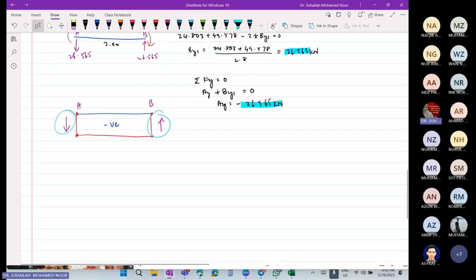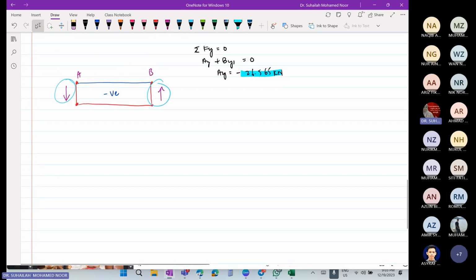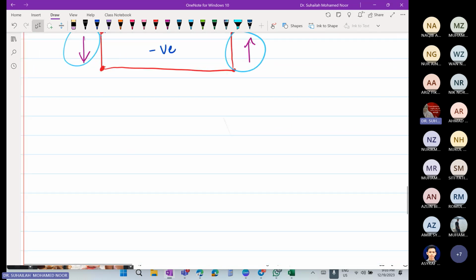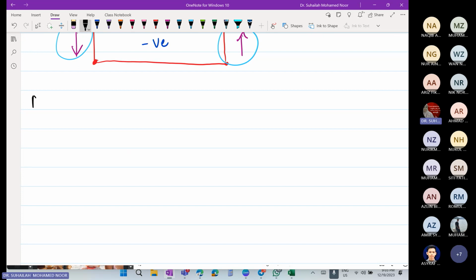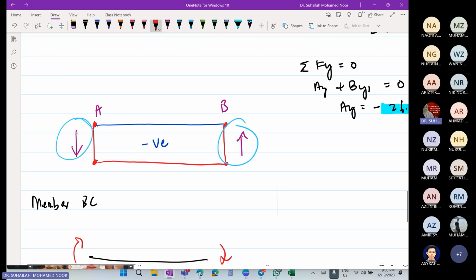Okay, for member BC, we just need to repeat the same. Member BC has BY2 and CY1. It is like this, MBC, MCB, but look at the table.